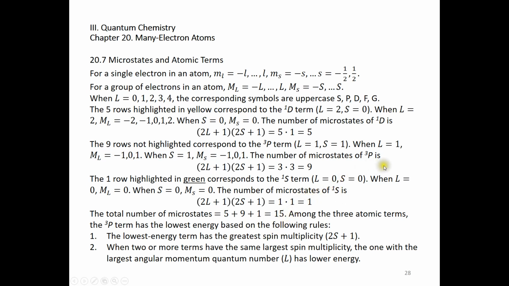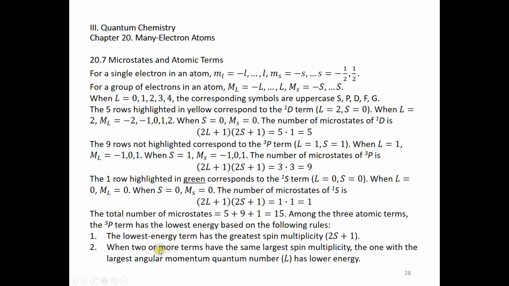Among the 3 atomic terms, 1D, 3P, and 1S, 3P has the lowest energy based on the following rules. There are 2 rules to determine which atomic term has the lowest energy. The lowest energy term has the greatest spin multiplicity, so you look for the largest 2S plus 1. Over here, this is 3, and then this is 1, this is 1. Obviously, 3P has the largest spin multiplicity, therefore the lowest energy.